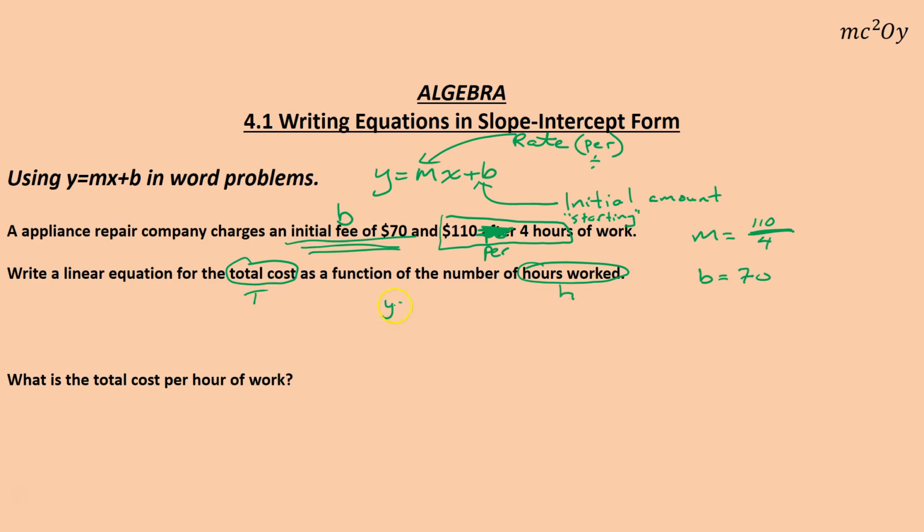So our total T is dependent, just like y is dependent. Hours is independent. Mostly time is almost always independent, just like x is independent. So T equals M times H plus B. I'm just replacing x with h and y with t, and then writing it in function format. So I'm saying T of H, the total is a function of hours.